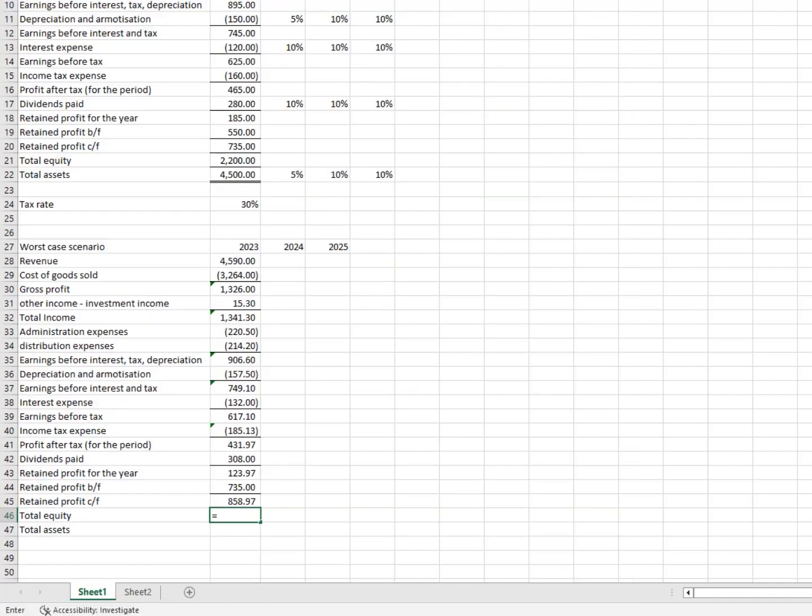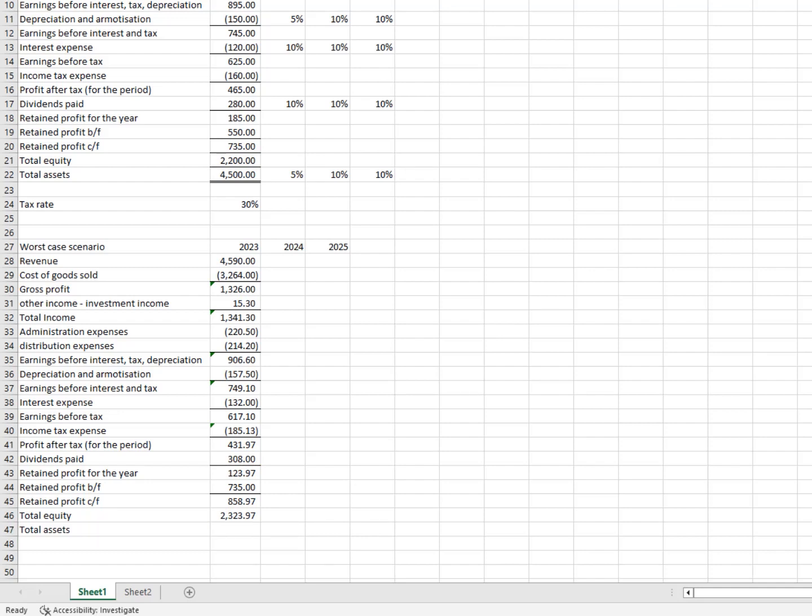So to get the total equity, we say equals sign total equity for the previous year plus the retained profit for the year. Hit enter. Then we have the total equity.